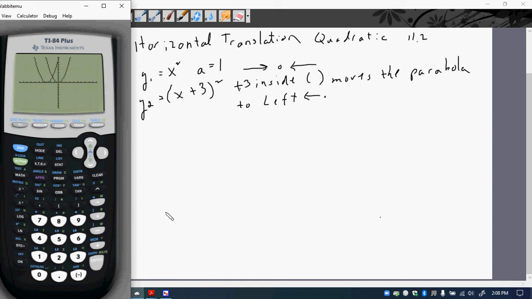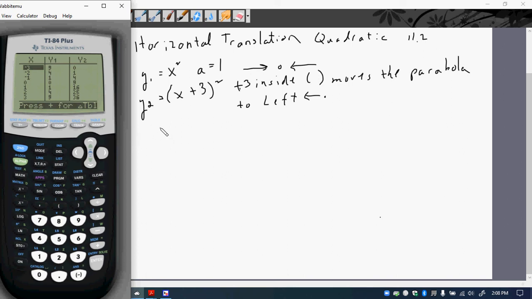So in that case, if you think about it, it's basically at that point that's 0. So if we go to second and table, we see that at -3 we get 0 for that particular point, where before it would just be 0, 0. So 0 would occur at 0.